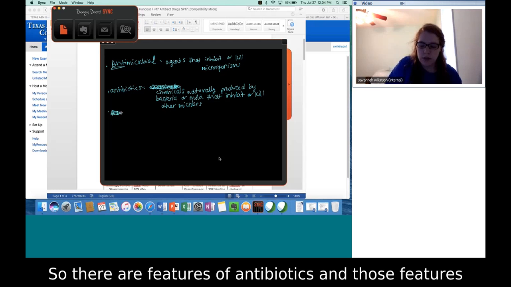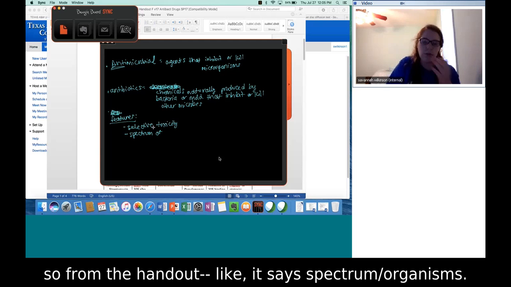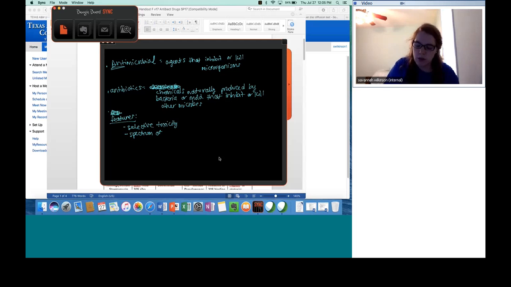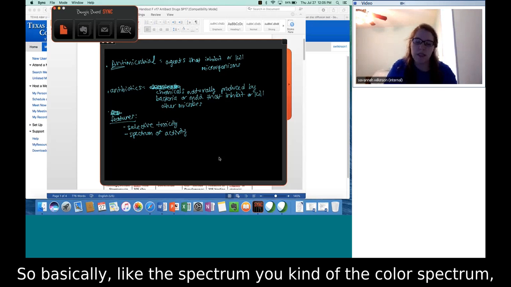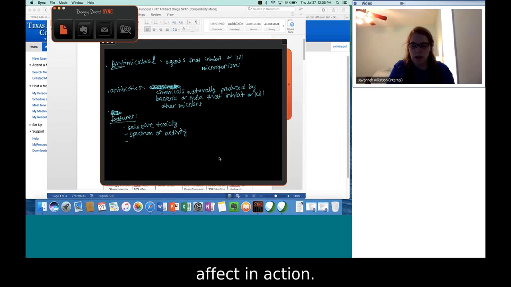There are features of antibiotics, and those features are selective toxicity and spectrum of activity. From the handout, it says spectrum/organisms. When everything is spectrum, you can think of the color spectrum, for instance. How wide or how narrow is the range of organisms those antibiotics affect in action?